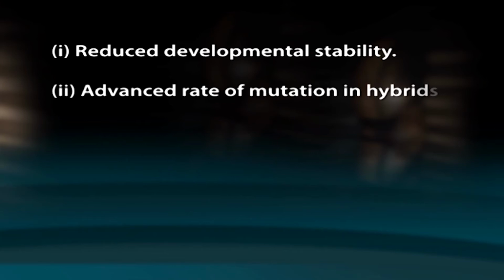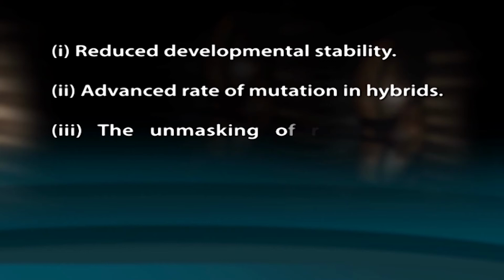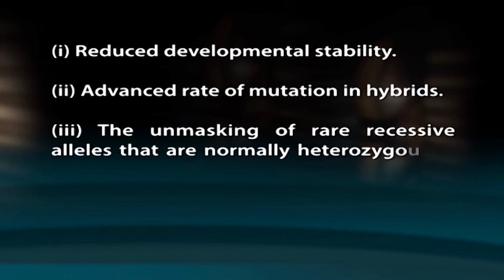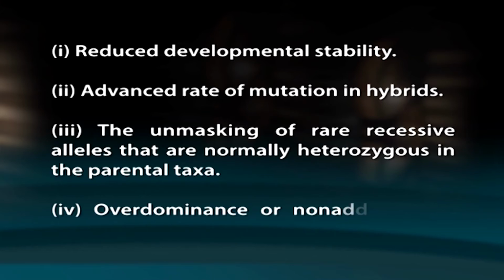The major explanations for transgressive phenotypes in segregating hybrid populations include: 1. Reduced developmental stability, 2. Advanced rate of mutation in hybrids, 3. The unmasking of rare recessive alleles that are normally heterozygous in the parental taxa, 4.